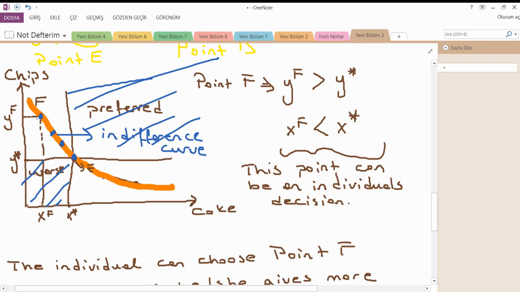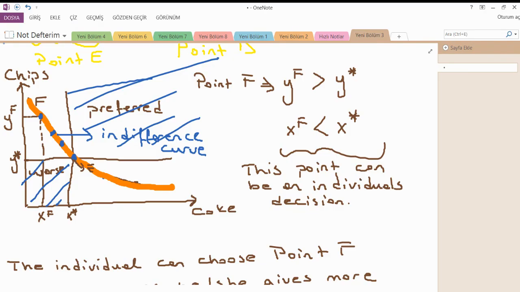For example, if chips is much cheaper than coke, then the consumer is going to choose point F, because he's going to get the same utility, same happiness, same satisfaction on all of these points of the indifference curve, on the orange curve, okay? On point F, chips is cheaper than coke, let's say. As you see, he can buy more chips with his limited income, and he can spend much less on coke.